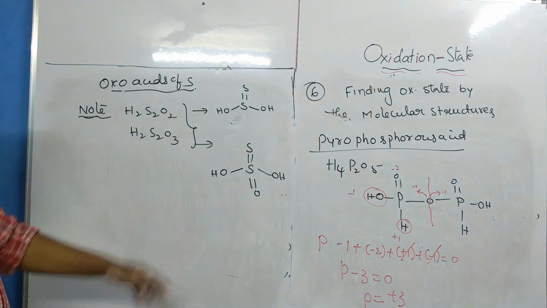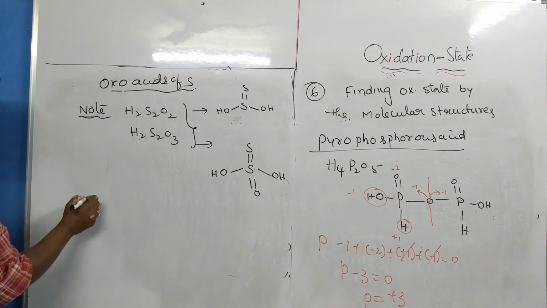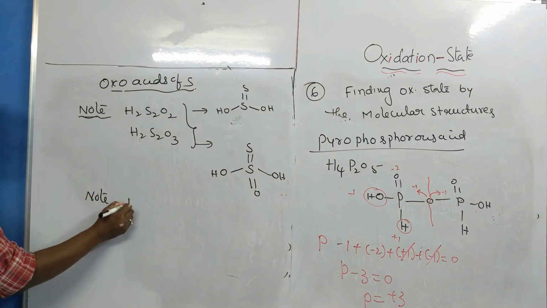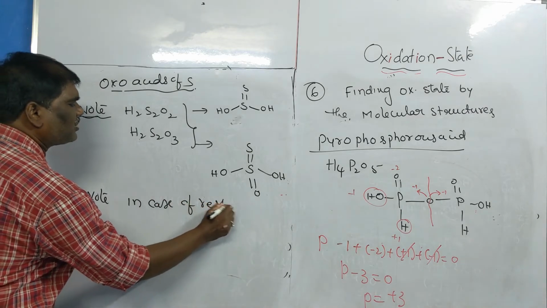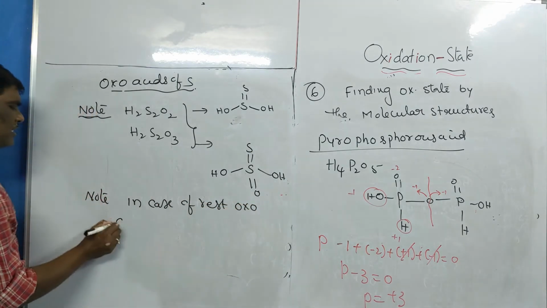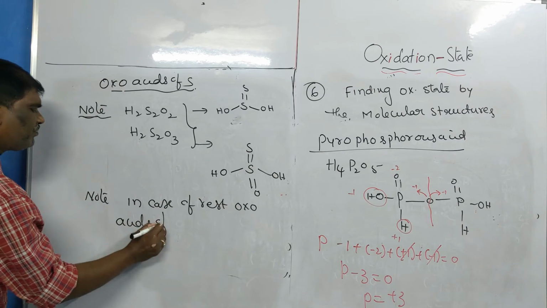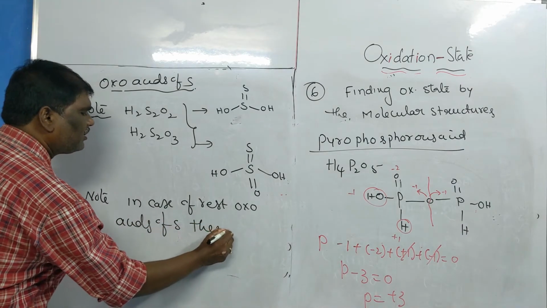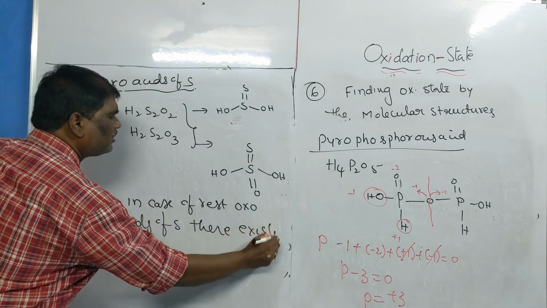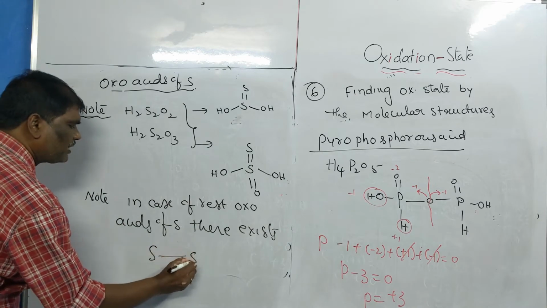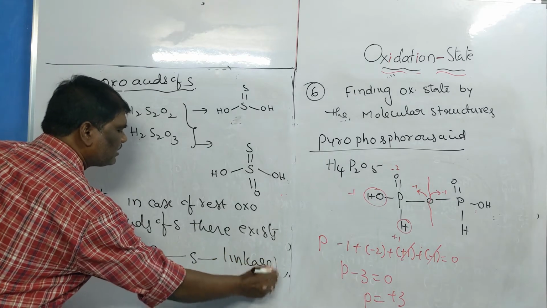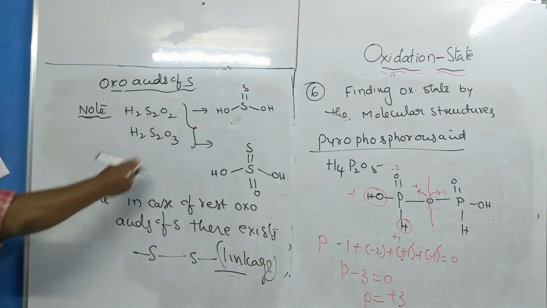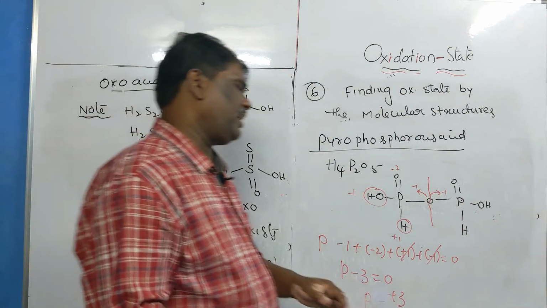Another note is that in the rest of the oxo acids of sulfur, there exists sulfur single bond sulfur linkage. Only in these two there is sulfur double bond sulfur linkage.